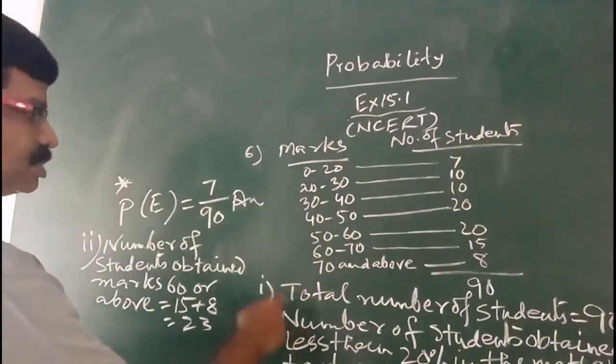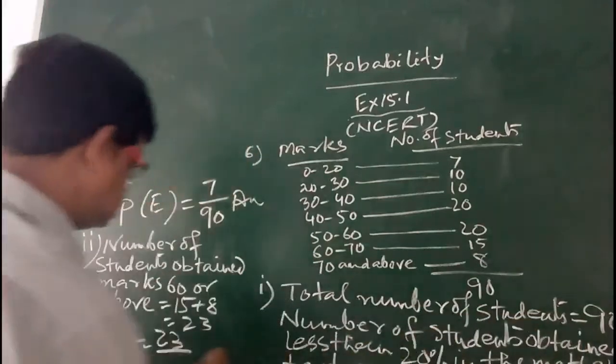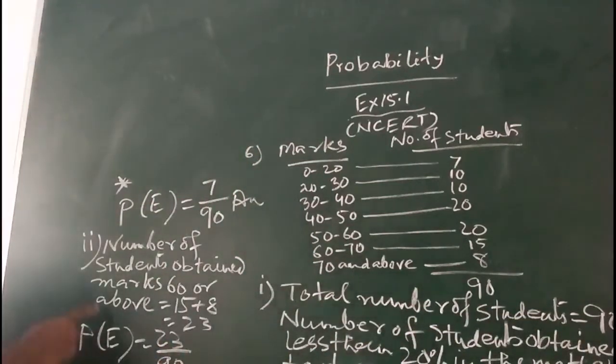Now to find the probability of this one. So P(E) is 23 by total 90. So probability of this event is 23 by 90.